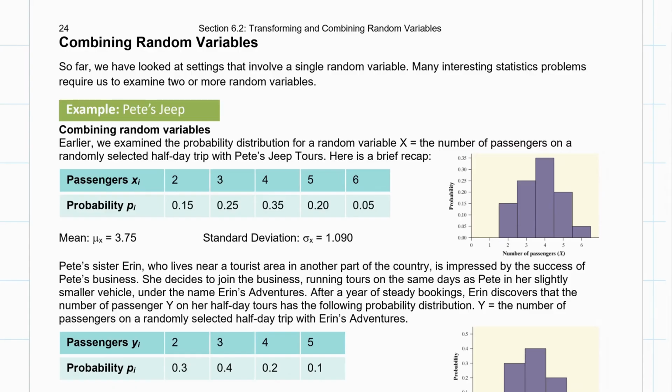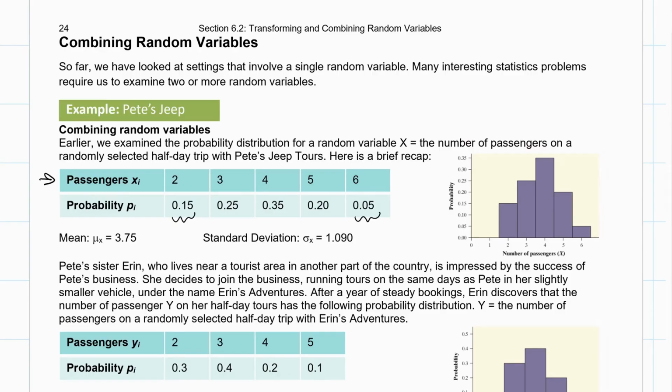In the earlier lecture, we talked about Pete's Jeeps and that Pete varies the number of passengers that arrive for his Jeep tours. We don't know on any given trip what that number of passengers is, but it ranges from two to six, two happening about 15% of the time, up to six, which only happens about 5% of the time.